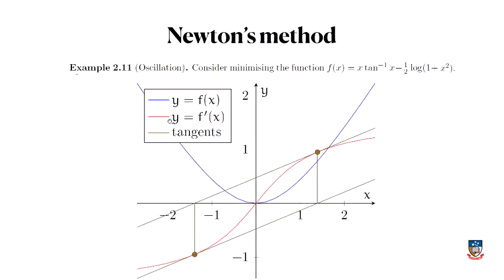And then the red curve is the tangent function, the plot of f prime of x. Now applying Newton's method to find the minimum of the blue curve is exactly the same as trying to find the root of the red curve.